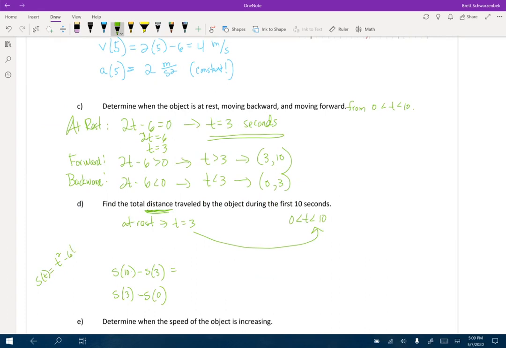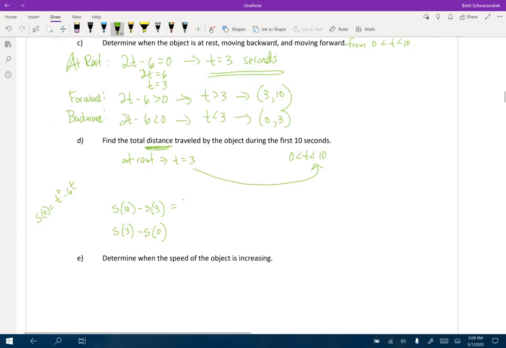So what are we doing? We're doing 10 squared minus 6 times 10, minus 3 squared minus 6 times 3 for our first value. For the second, we're going to do that same end value, which is 3 squared minus 6 times 3, and subtract 0 squared minus 6 times 0.